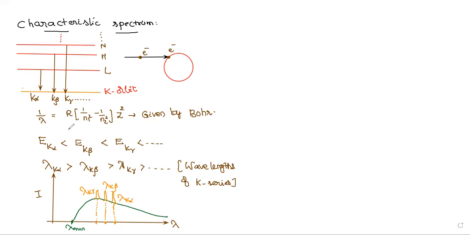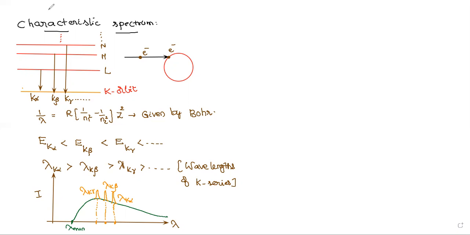But who knows it knocks out only from the K orbit? There is a possibility of knocking out the electron from the L orbit, in the same way the M orbit or the N orbit. All possibilities we have to discuss. So the second possibility: if the electron is knocked out from the L orbit, this is like the Lyman series.